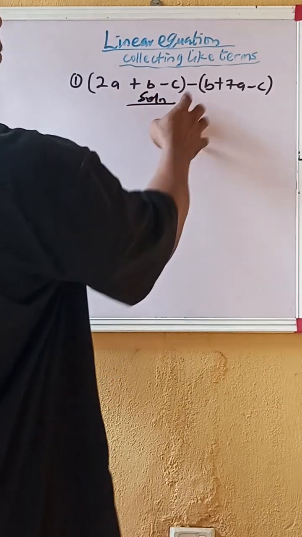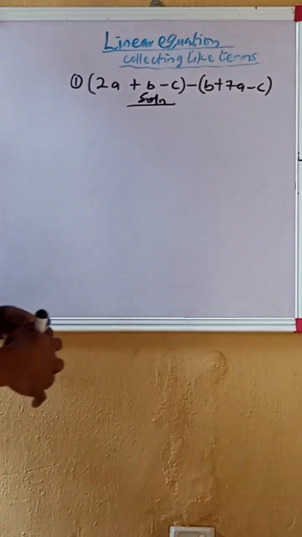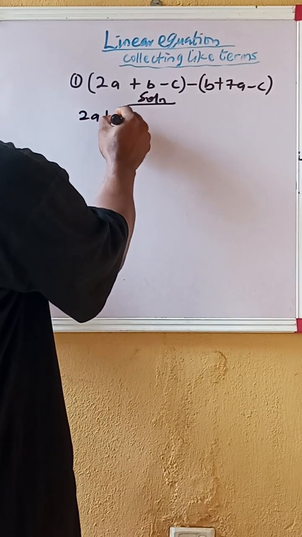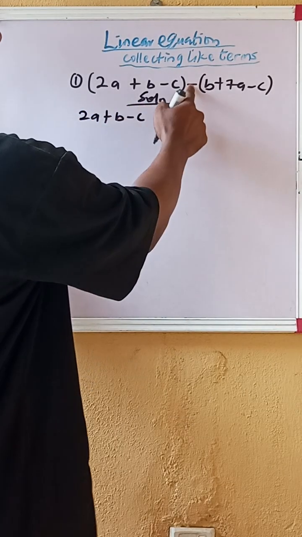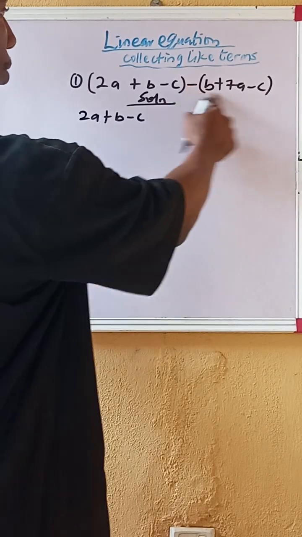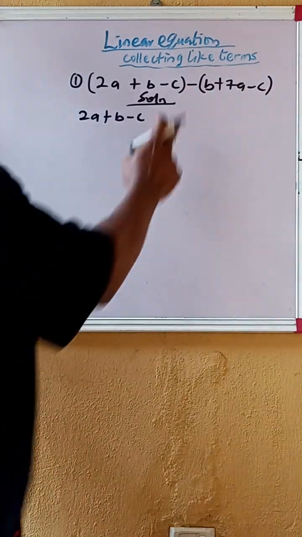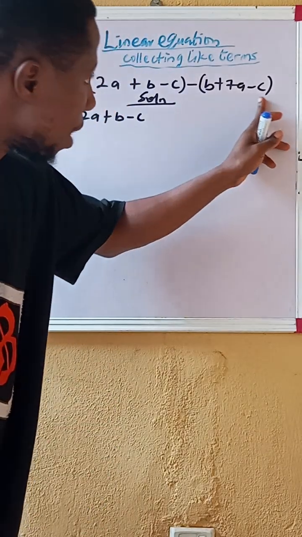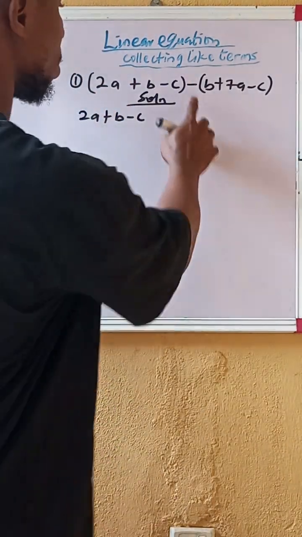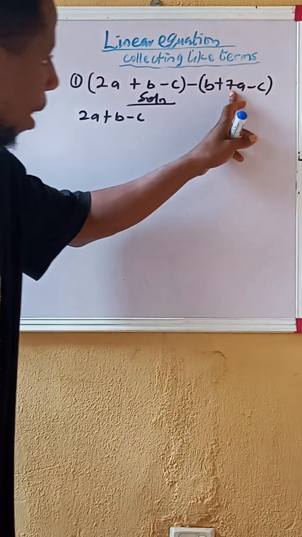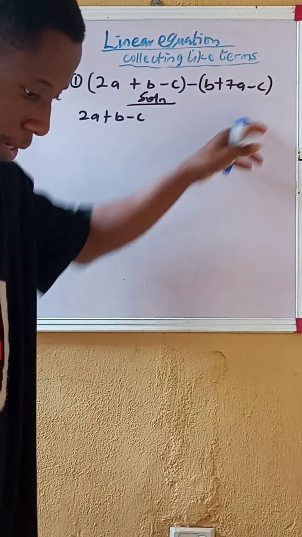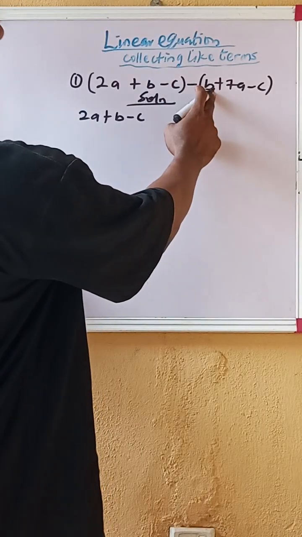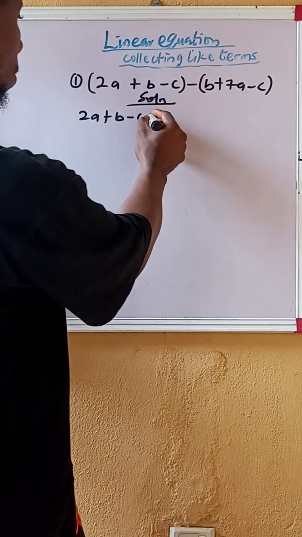First of all, we open the bracket, all right? So when you open the bracket, you are going to have 2a plus b minus c. We are going to use this negative sign to open this bracket. So this minus sign will multiply everything that is inside this bracket: it will multiply b, plus 7a, and minus c. So minus times b will give us minus b.